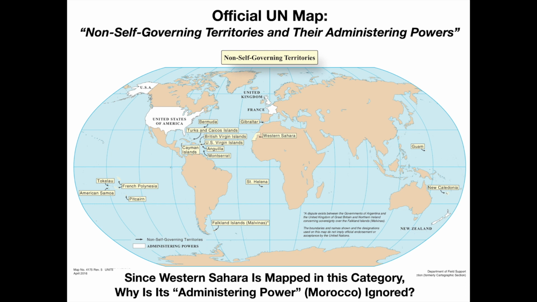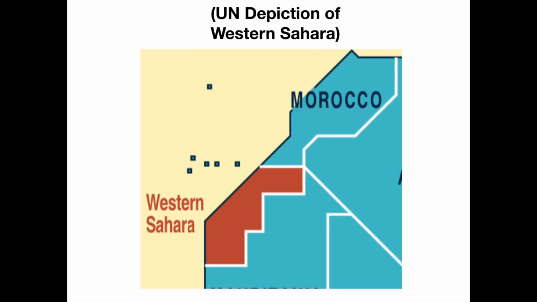We have the same issue we had here on the first UN map, though. All of these non-self-governing territories with the yellow labels are associated with an administrating power, which is depicted in white, with the exception of the Western Sahara. So it's shown as a dependency without any state administering it. So another oddity.